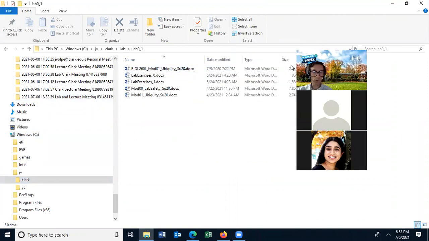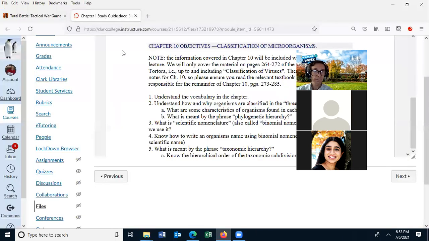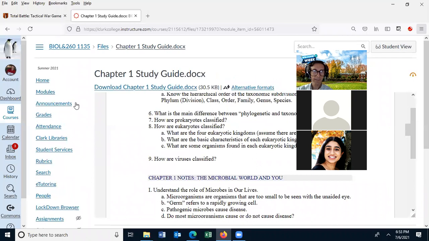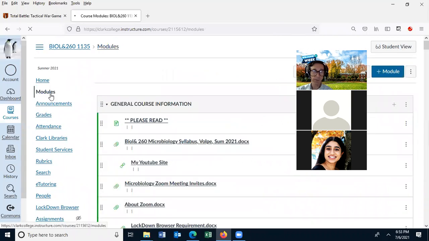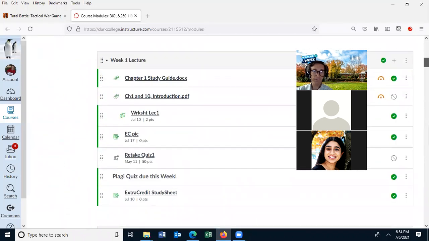So when you work on the lab, you will be reading the lab module, which, let me show you that. And I'll go over the lab module with you. But you'll be reading that, and you will not be answering the questions in the lab module.